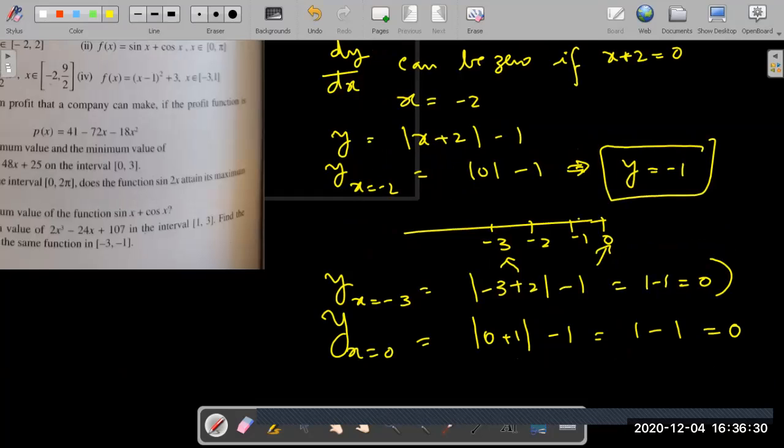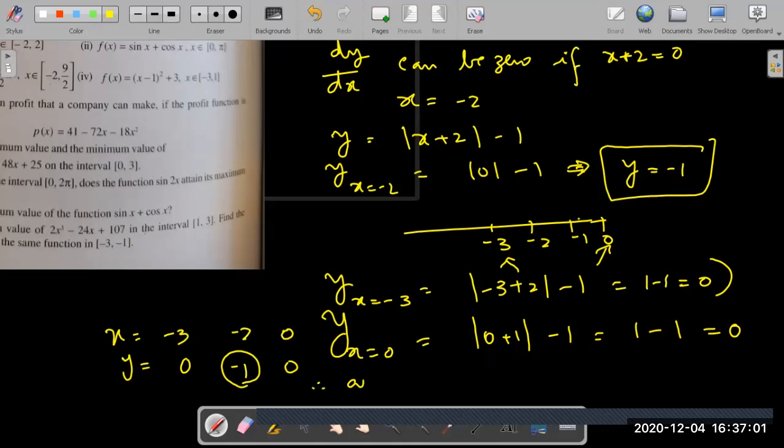So you have three values: 0 at x equal to minus 3, this is the y value at x equal to minus 3. And at x equal to minus 2, that's minus 1. And at x equal to 0, y equal to 0. So this minus 1 is the minimum value.